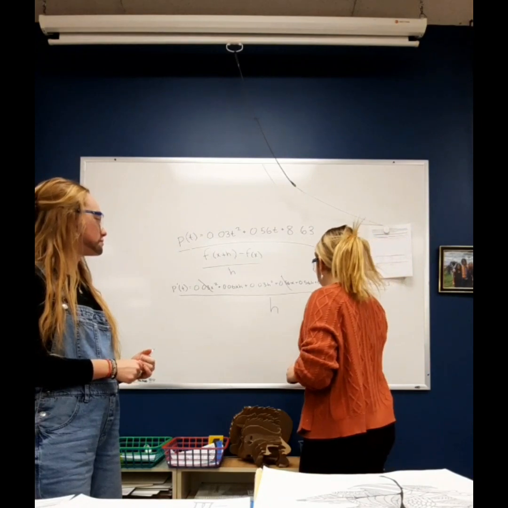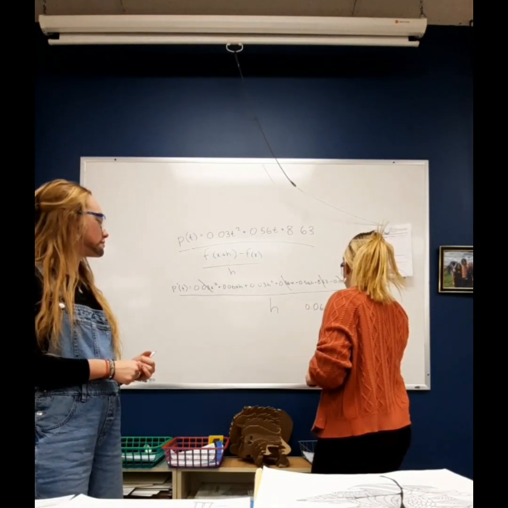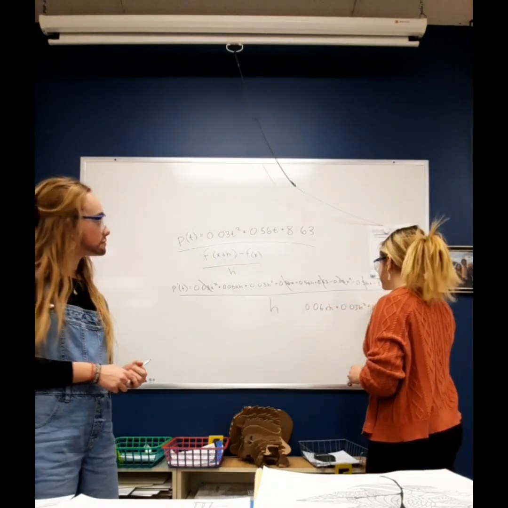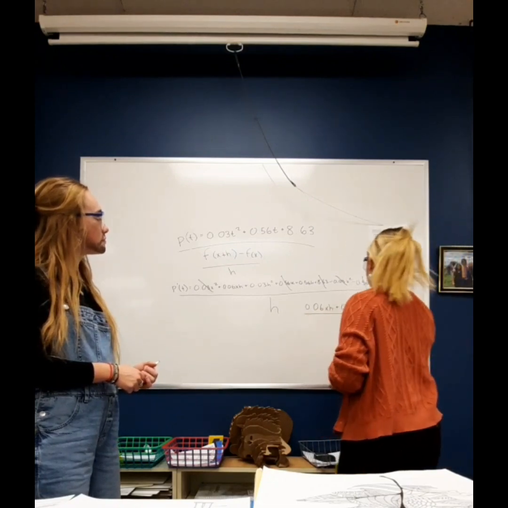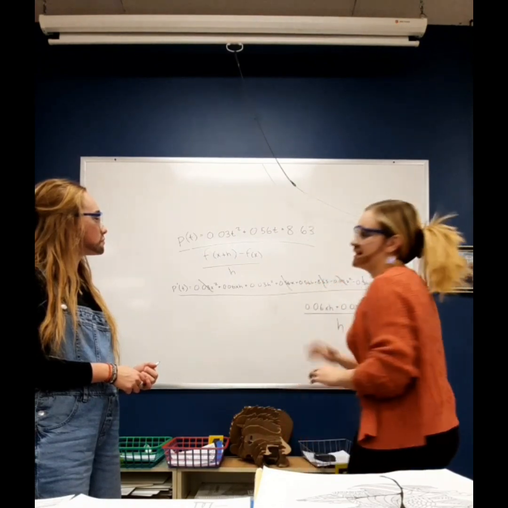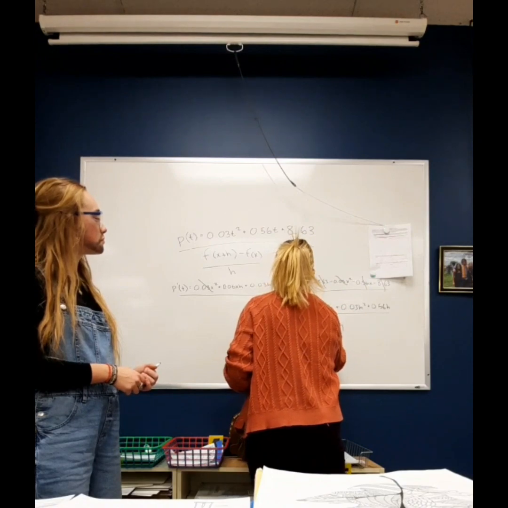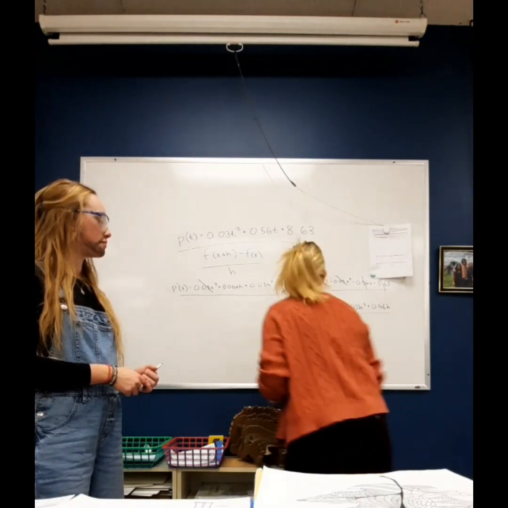It is 0.06 xh plus 0.03 h squared plus 0.56h, all over h. And one thing we kind of forgot to mention to you guys earlier was that this is a limit problem, so we need to write in limit notation by saying the limit as h approaches 0 in the front of the equation.